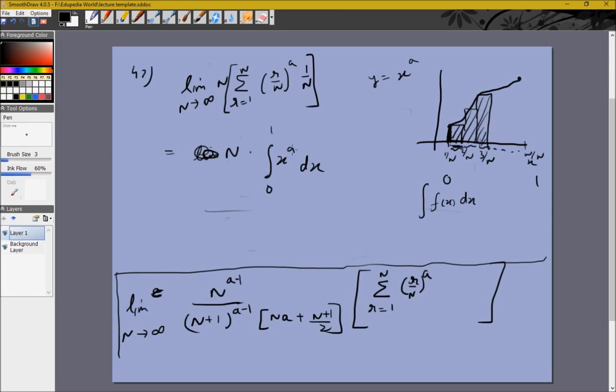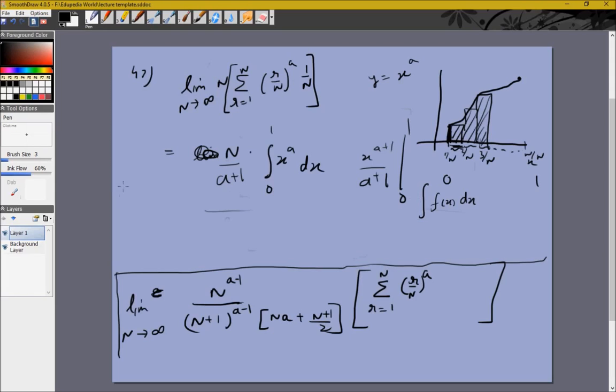X to the power a has an integral x to the power a plus 1 by a plus 1. You take limits from 0 to 1, 0 gives 0, 1 gives 1 by a plus 1. So this is n by a plus 1.